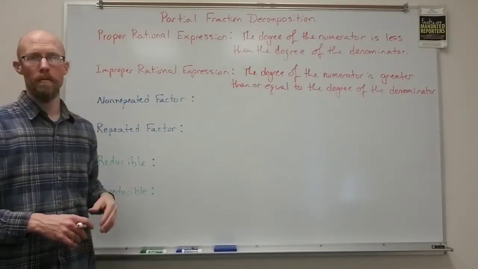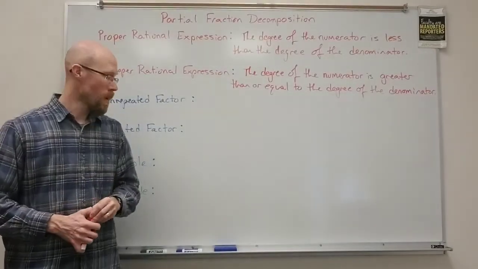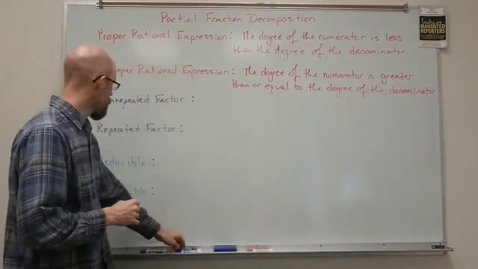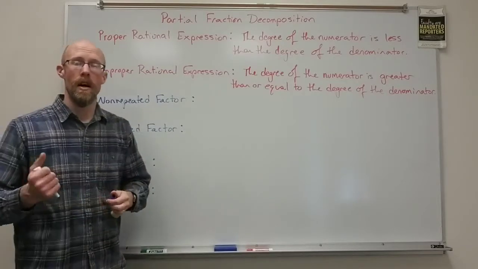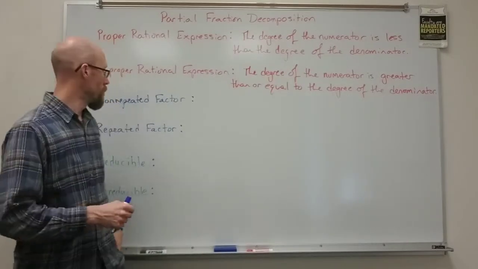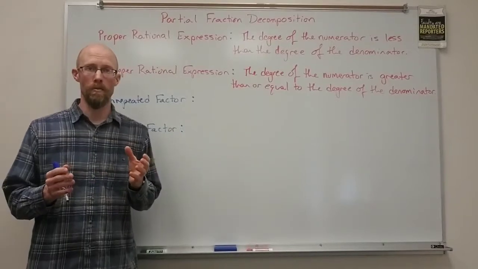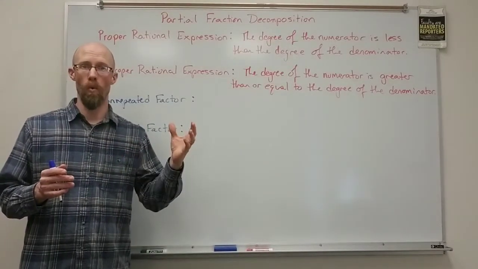Now we have some interesting things about polynomials. We've talked a lot about polynomials and their factors. Here, we're going to talk about repeated versus non-repeated factors. A non-repeated factor is a factor of a polynomial whose power is 1.